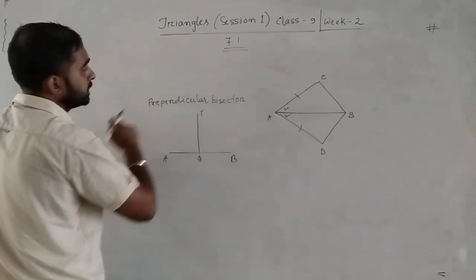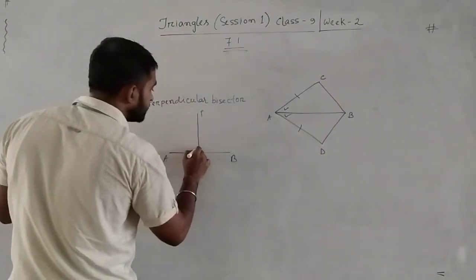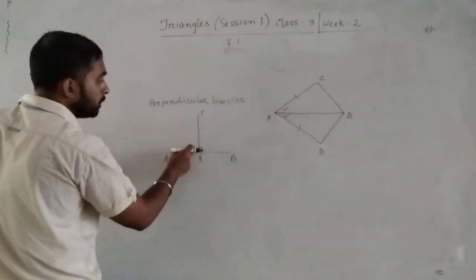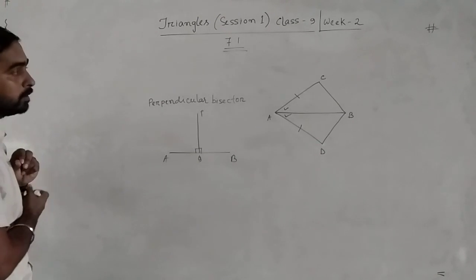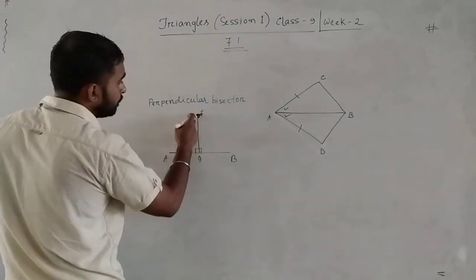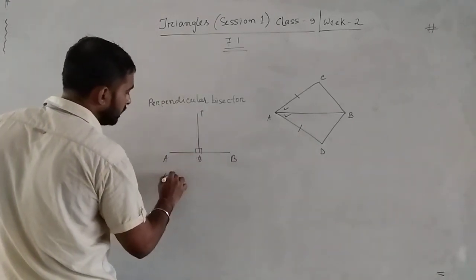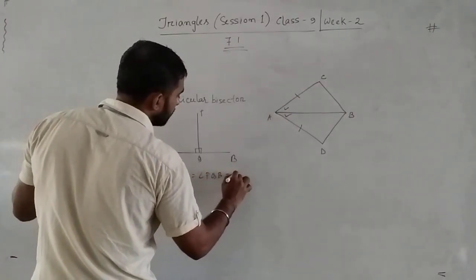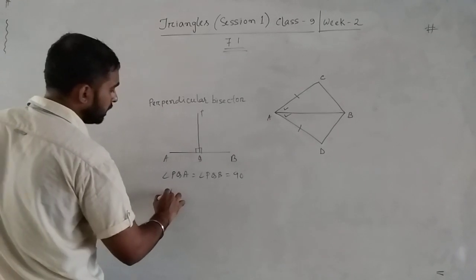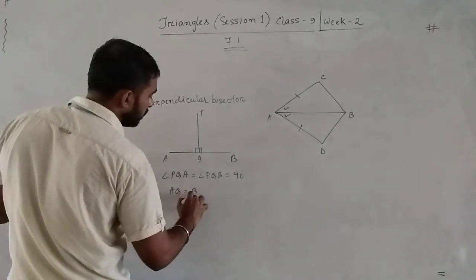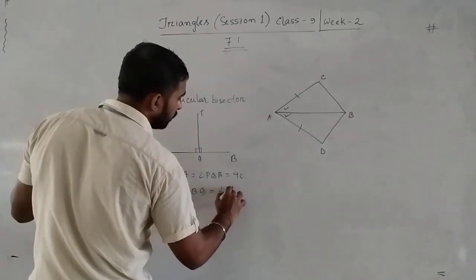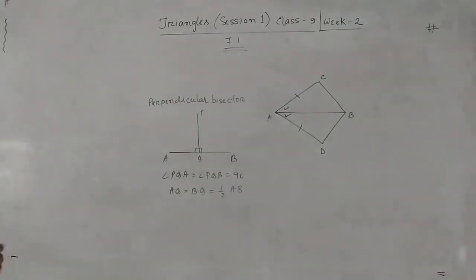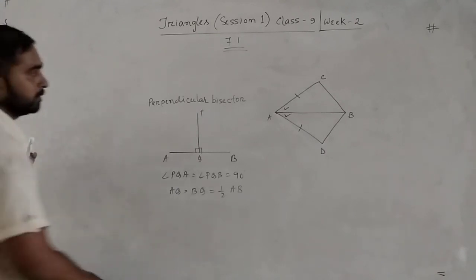Perpendicular means it makes an angle of 90, and bisector means it bisects the line AB. So angle PQA equals angle PQB equals 90 degrees, and AQ and BQ are both equal, each half of AB. That is known as a perpendicular bisector.